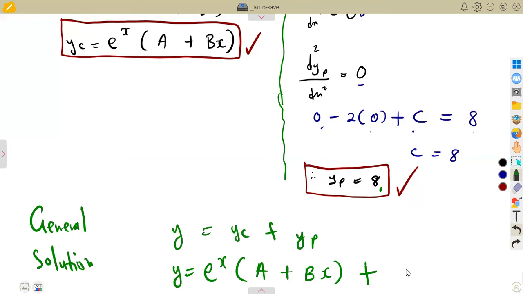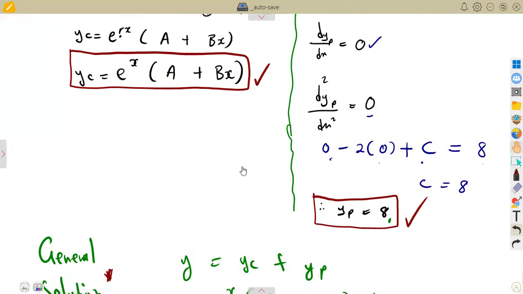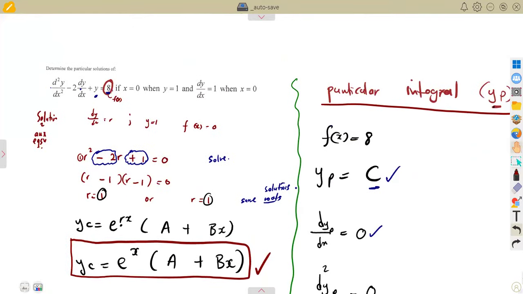We got what? That one was direct. It was just 8. But this is not our question. The question is not focusing on the general solution. No. The question is based on determining the particular solution, provided that x is equal to 0 when y is equal to 1.